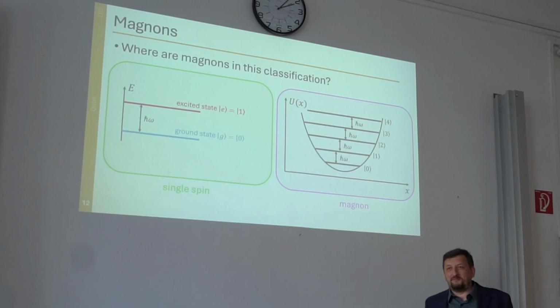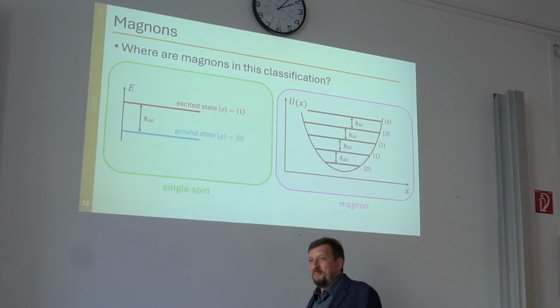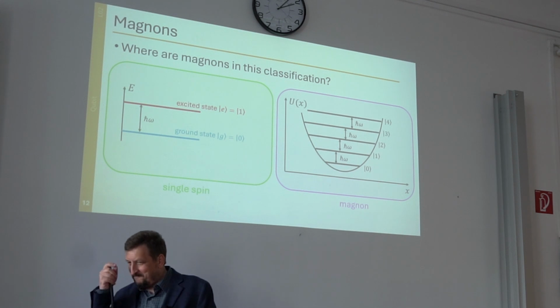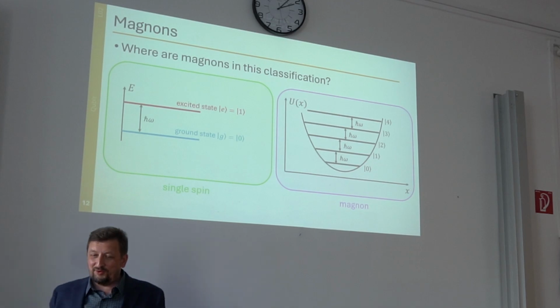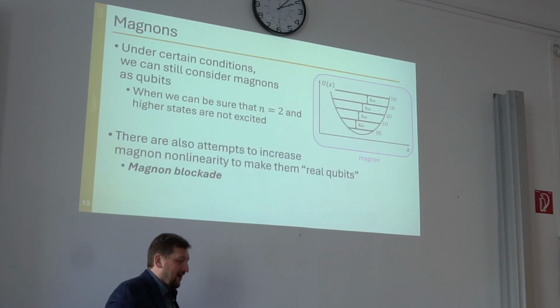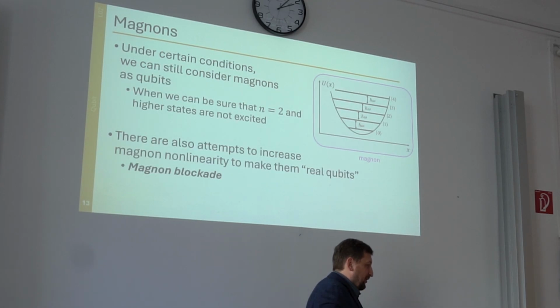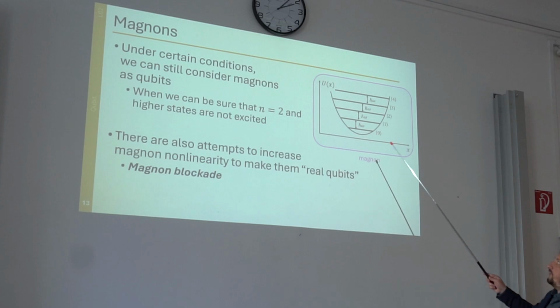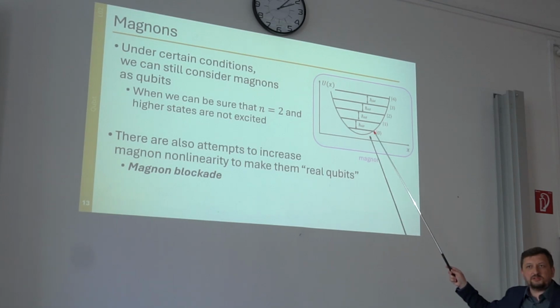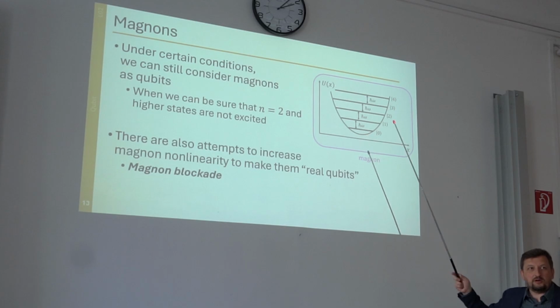Yes? How about if I make a very small sample, one lattice constant, will I switch to a single spin? That's a very good question. As I said, we have a finite number of spins, so this is not exactly a quantum harmonic oscillator.